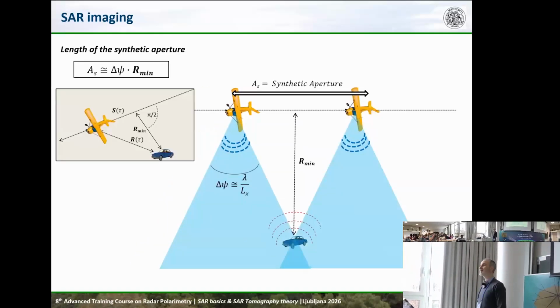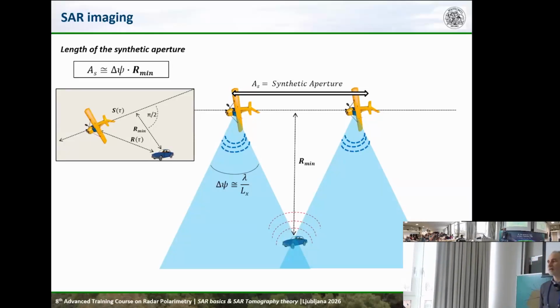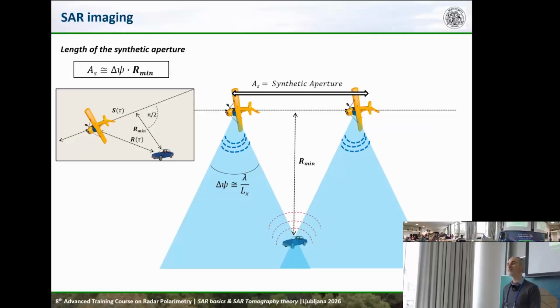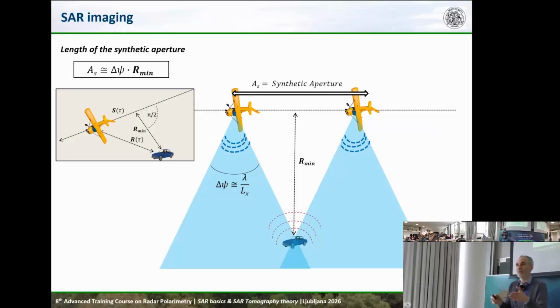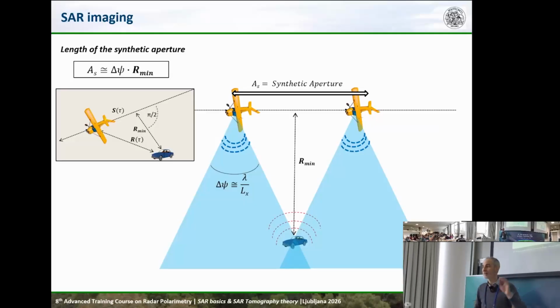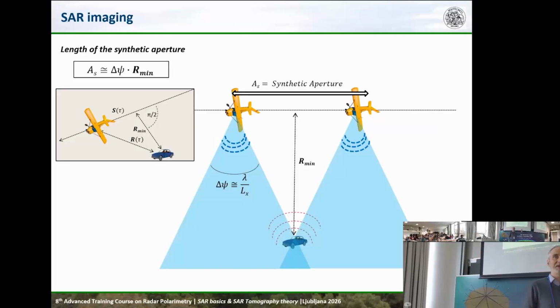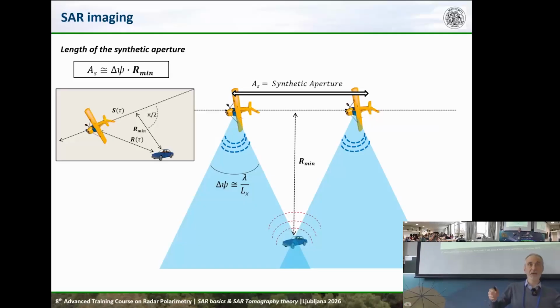So in a synthetic aperture radar experiment, be it Biomass, Sentinel, whatever you like, the target stays illuminated only for a fraction of the time. This is super important to get. And the length traveled by the platform in this fraction of time is called the synthetic aperture, A. This would be the length of the equivalent antenna array.